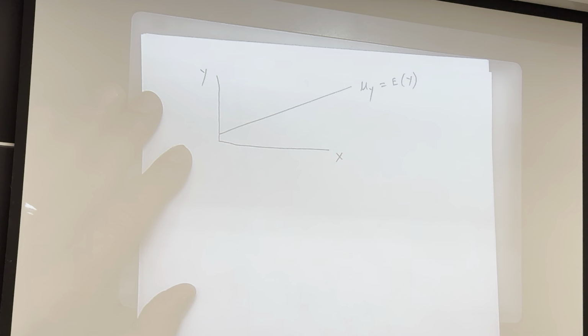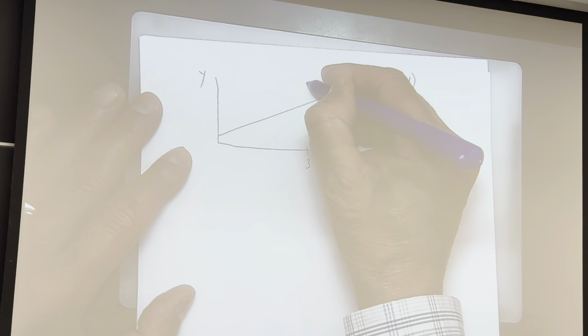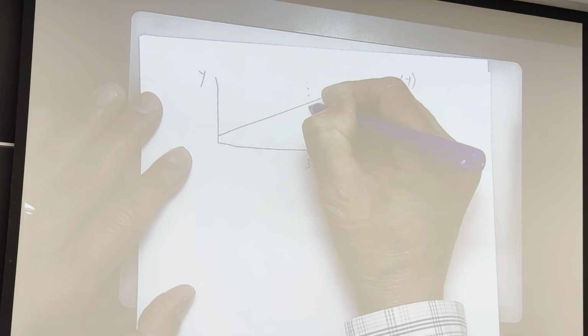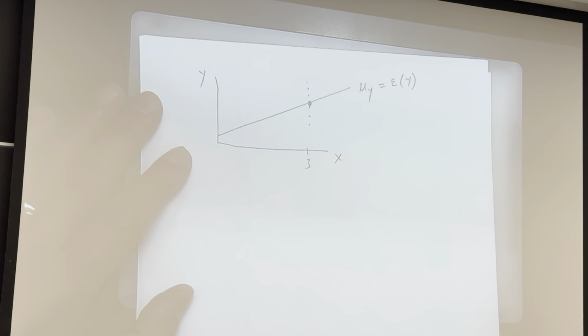Let's say you put 3 advertisements. You collected data on all the times when you have 3 advertisements, and these were your sales. And this is the mean value. I am predicting this.